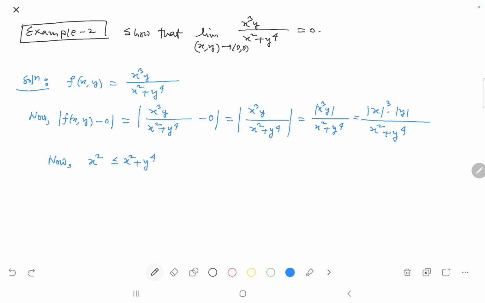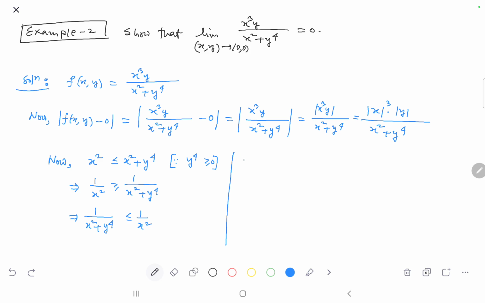Do you agree? Because y to the power 4 is positive, that's why it is true. So now if we just take the reciprocal, what do you get? 1 by x square is greater than or equal to 1 by x square plus y to the power 4. So the y to the power 4 term we removed somehow. This is less than or equal to 1 by x square.